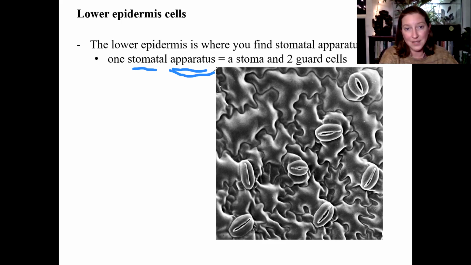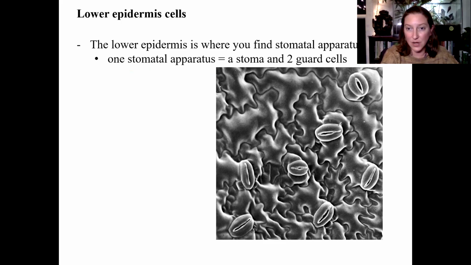So apparatus refers to that aperture idea. It means a structure that opens and closes, I guess. And stoma means hole in Latin. So this is a hole that can open and close, basically.